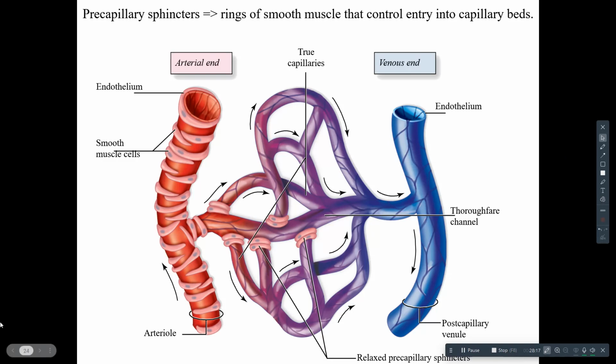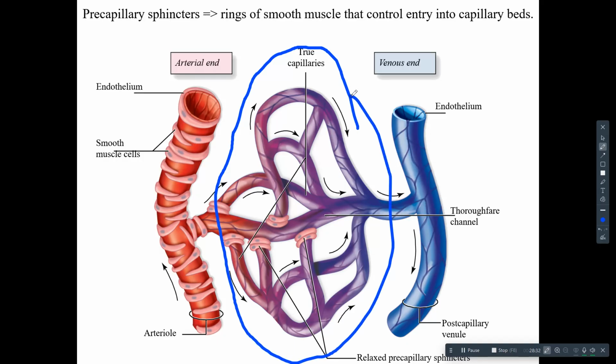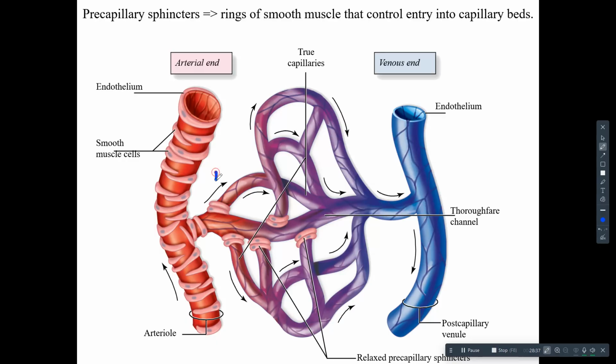Now, here's the thing. I got so many capillaries, it's hard to put blood in all of them all the time. So at the opening to my capillaries, in this capillary bed, this collection right here, I have these rings of smooth muscle. These rings of smooth muscle are called pre-capillary sphincters.